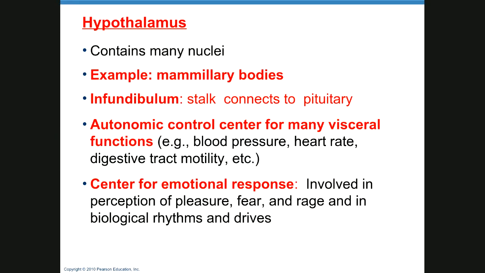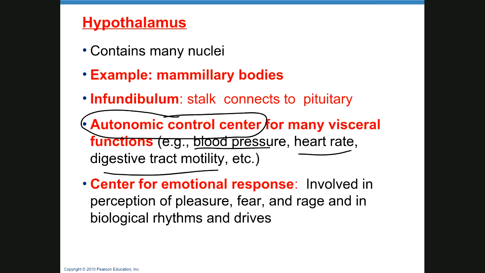This area controls blood pressure, heart rate, digestive tract motility, vascular constriction or dilation, and a host of other autonomic functions via the sympathetic and parasympathetic nervous system. So this is the control center for sympathetic and parasympathetic activity. Very, very important.